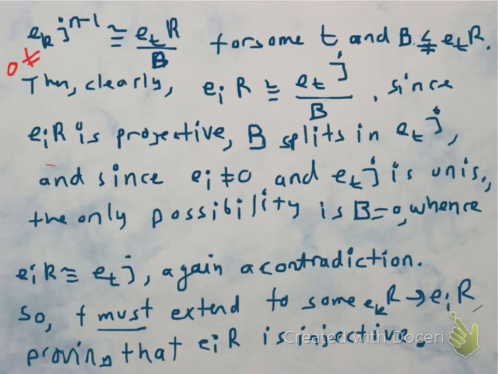Okay, then under whatever isomorphism this is between them, the Jacobson radicals correspond, which means the Jacobson radical of EKJ to the n minus 1, which is EKJ to the n, which in turn is isomorphic to EIR, of course, under our assumption, is then isomorphic to ETJ over B. So now we have this isomorphism.